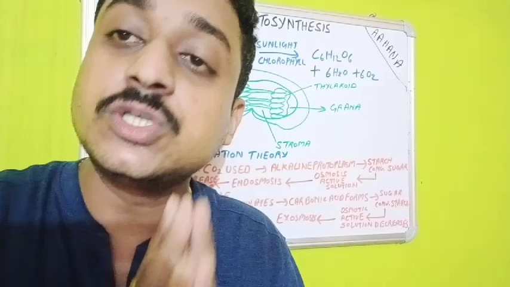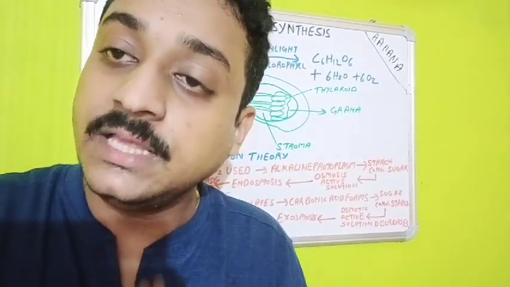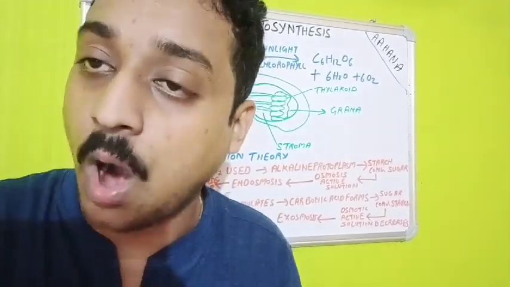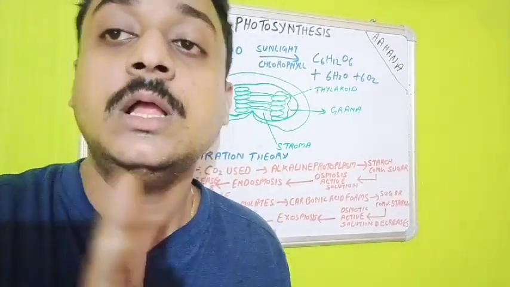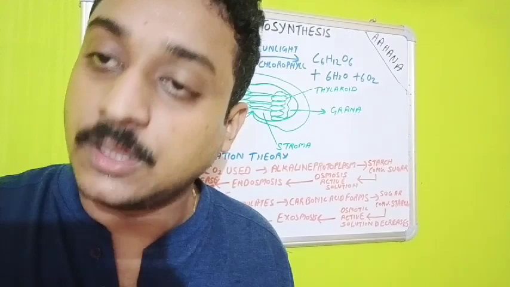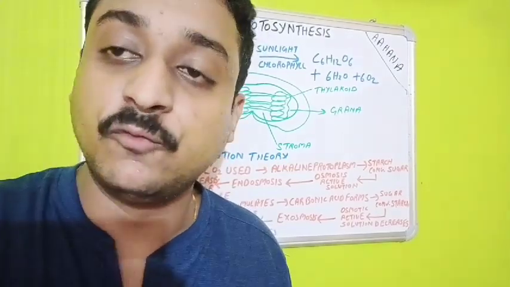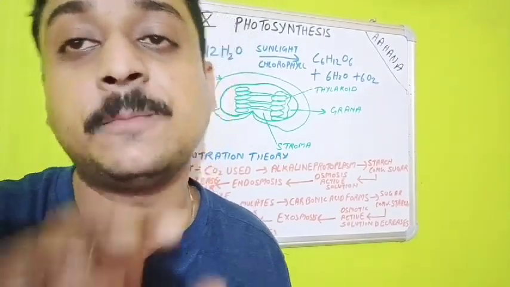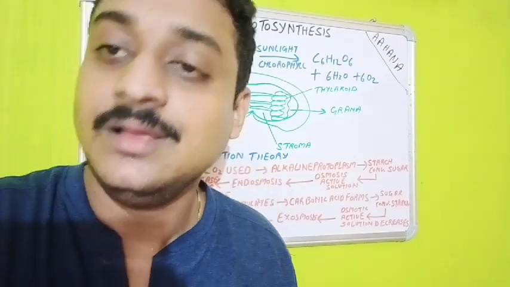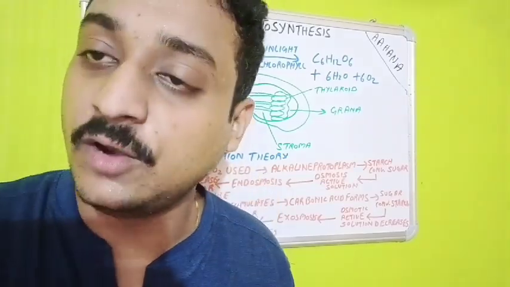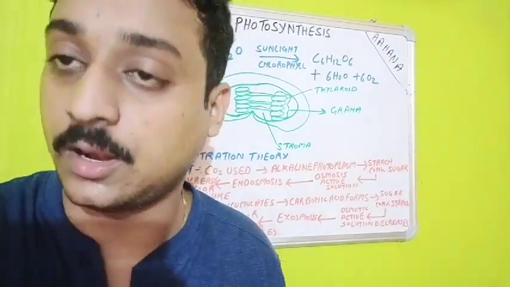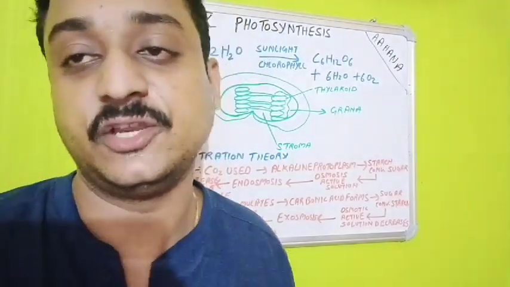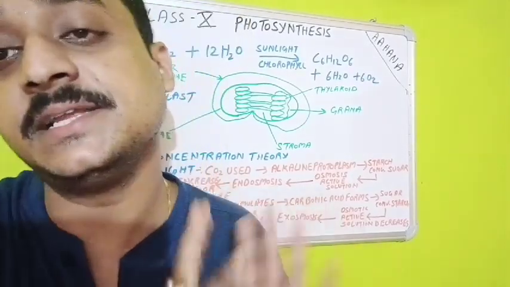You have to use the whole term: by using carbon dioxide and water in the presence of sunlight and chlorophyll, then only the answer will be correct. Photosynthesis is a process by the help of which the plant will produce food in the presence of sunlight and chlorophyll, using carbon dioxide and water. This will be the perfect definition. I hope till here it is clear to you.